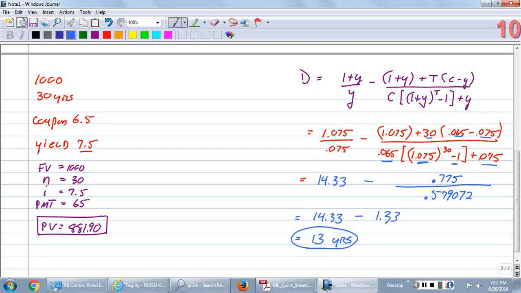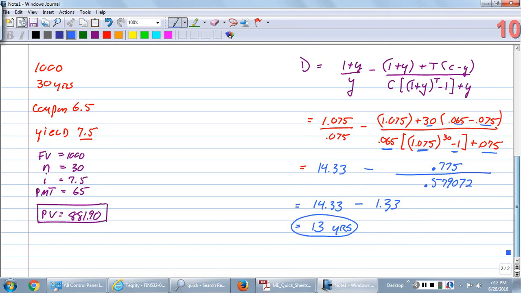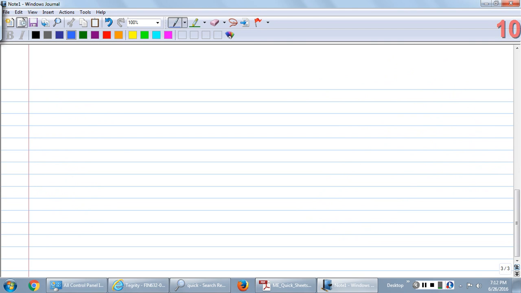Now, a real interesting thing happens with duration. We've just determined the duration of this bond is 13 years. So I'm going to draw a long timeline here. 1, 2, 3, 4. I'm not going to write them all out. 12, 13. All the way out here, here's 14, 29, 30. Here's our timeline for this bond.